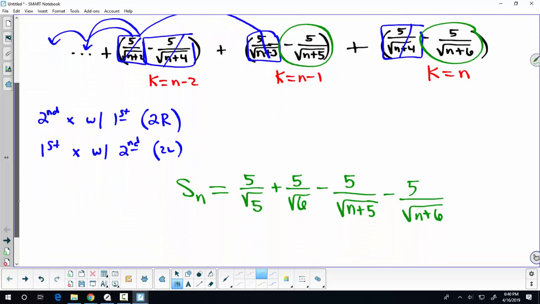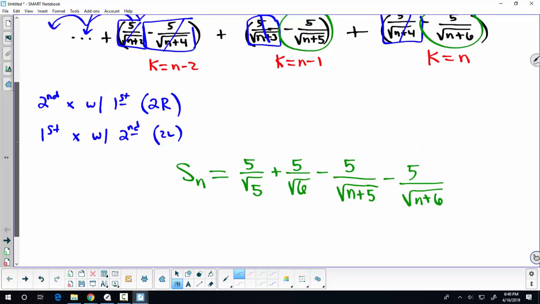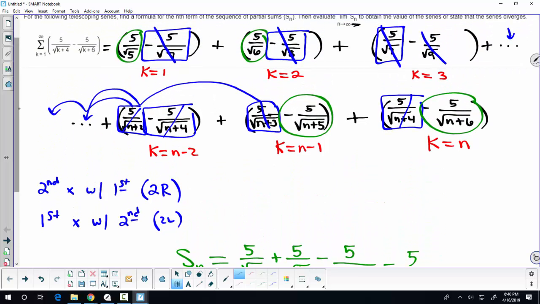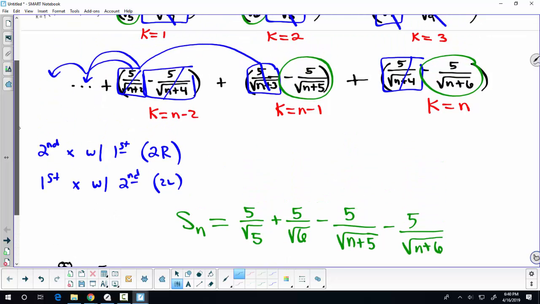Okay. All right, so this nth partial sum, now to compute the series itself, which is an infinite sum, we just allow n to approach infinity. So let's just write this out. Sum from k equals 1 to infinity. Is it k equals 4, right?